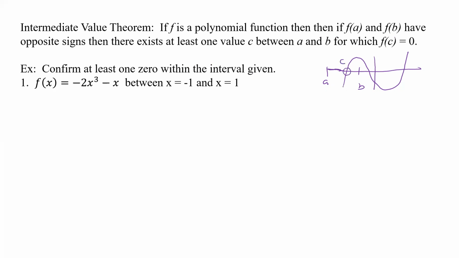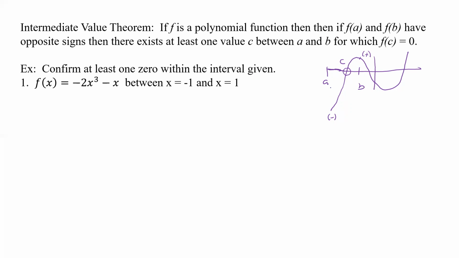Well, if we keep going all the way down here, this is going to give us at a some negative number for f of a. It's going to be negative. And at b, well, this is going to give us some value here, and that's going to be a positive. They have opposite signs, so therefore some number here exists where f of c is equal to 0, okay? And so that's what we're doing.